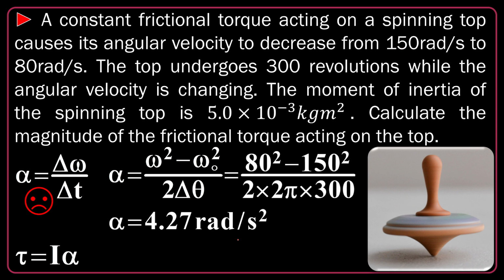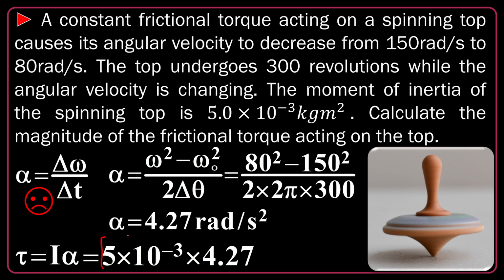Alpha comes negative, but we ignore it. I know that alpha is negative, but we ignore it. Basically, the negative sign just indicates a decelerative motion. So this is the magnitude, the absolute value of alpha, to emphasize that we don't want to mix everything, but we know that it's negative. Anyway, I should plug in the values.